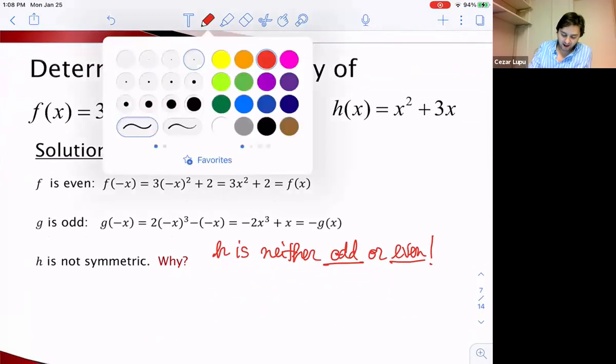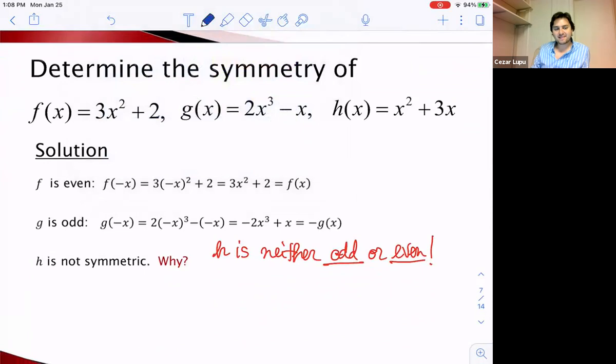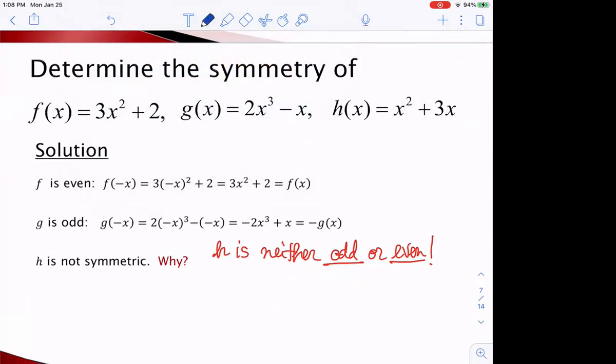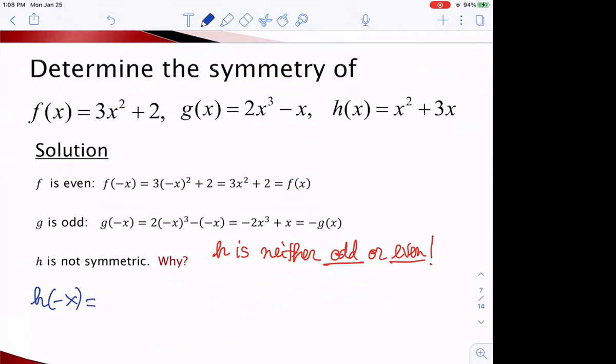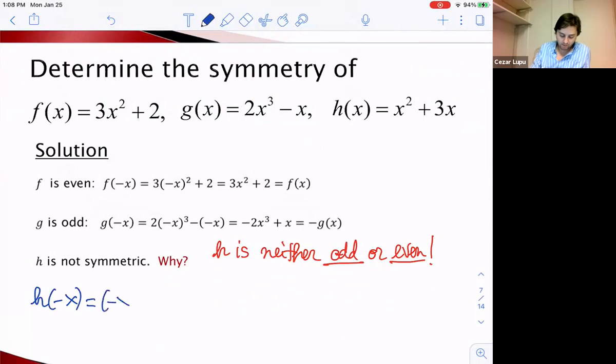Is it because the 3 goes from negative to positive when x changes from negative to positive? Well, let's evaluate h of negative x, for example. So what is h of negative x? It will be negative x squared plus 3 times negative x.